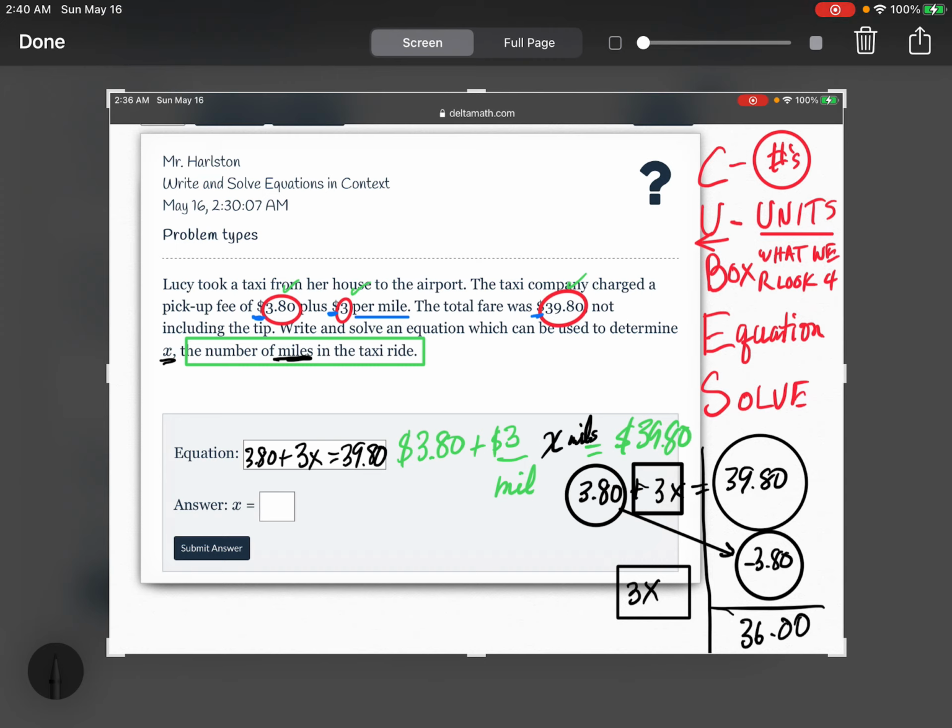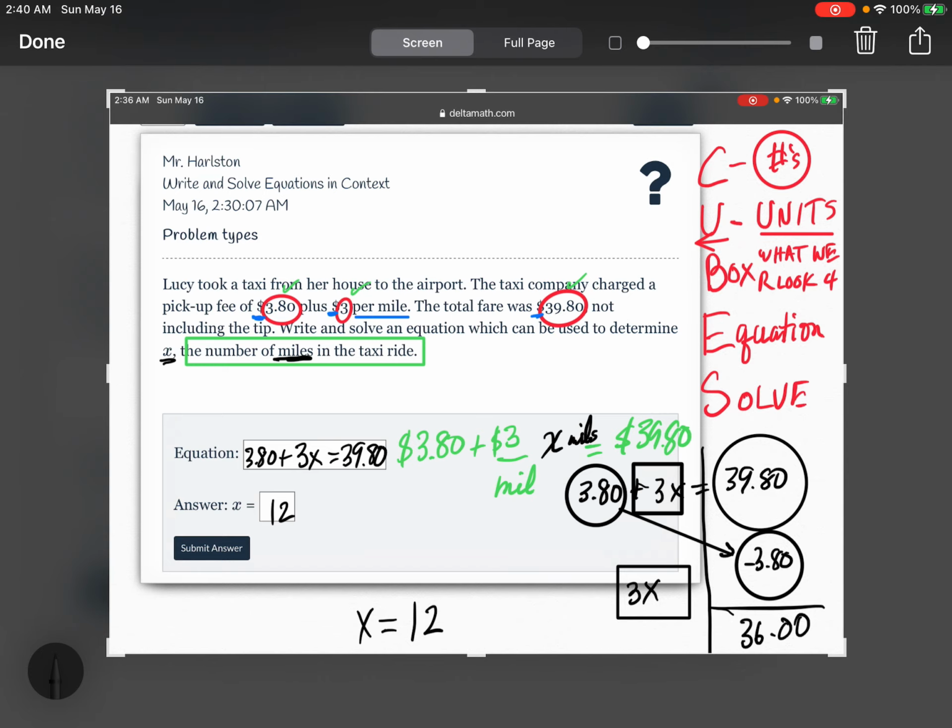So the last step is always to divide by whatever the number is in the box. So 3 divided by 3 is going to be 1x, and 36 divided by 3 is going to be 12. So that would be our answer.